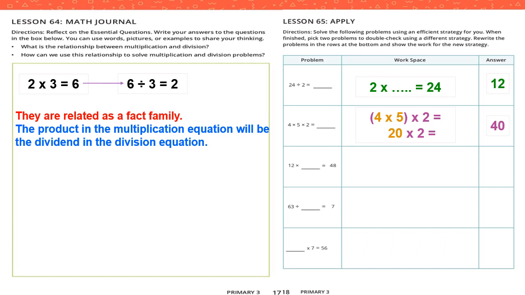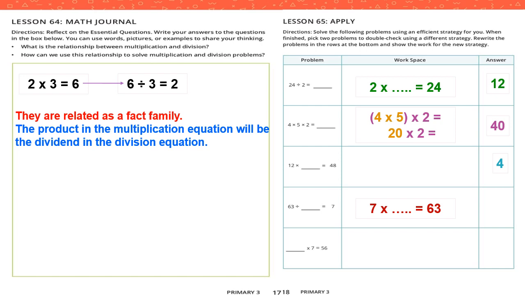The next one, 12 times what gives me 48? 12 times what? In table what? I multiply by 12 and it gives me 48. Sure, 4. The next equation, 6 divided by what gives me 7?